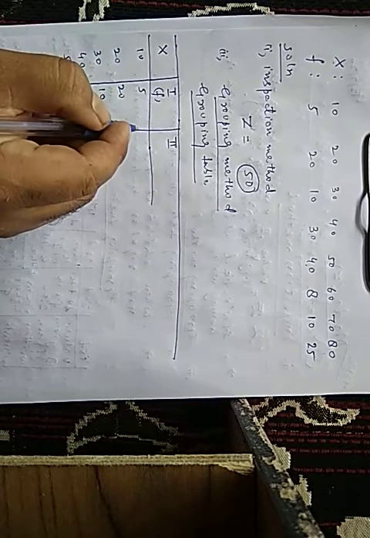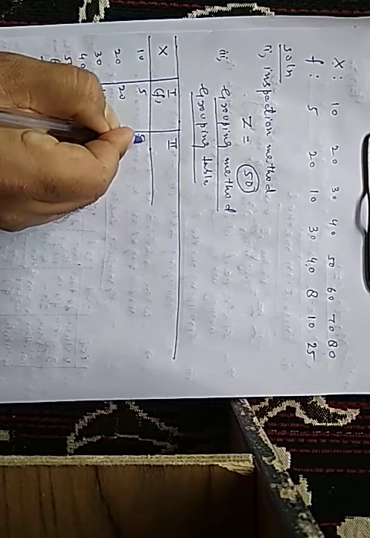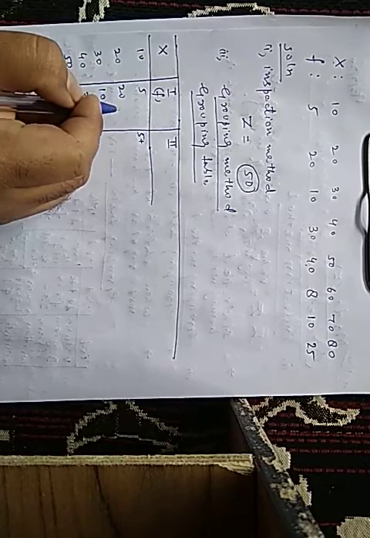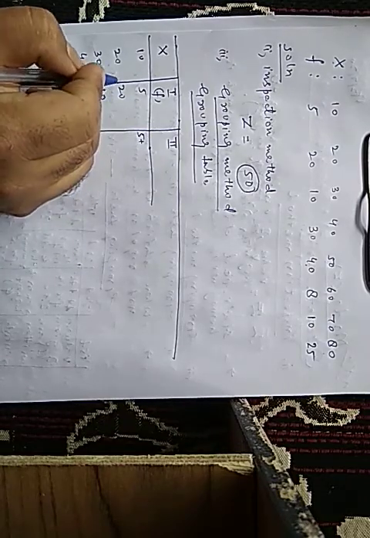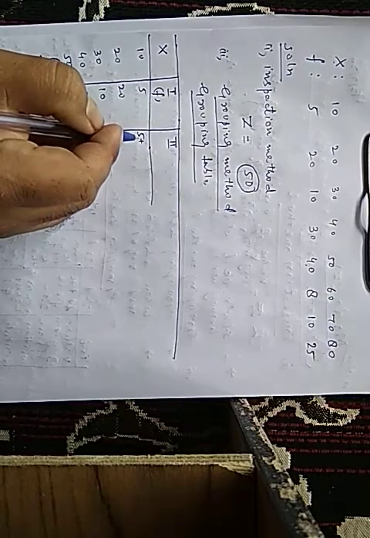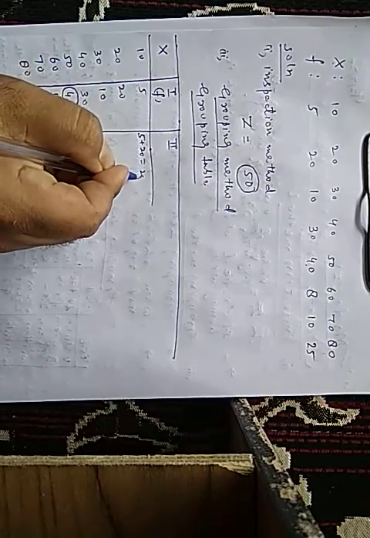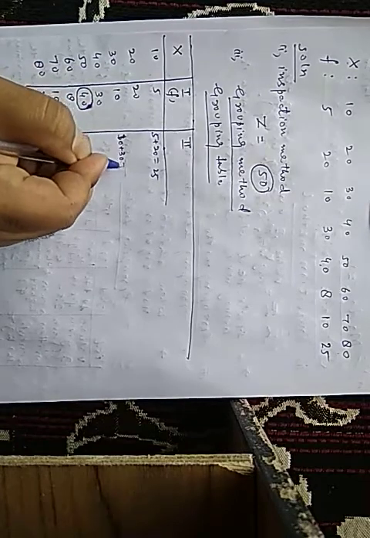And in the second column we have to add the frequencies in twos. It will be equal to 5 plus 20, which is 25. Then 10 plus 30, it will be equal to 40.